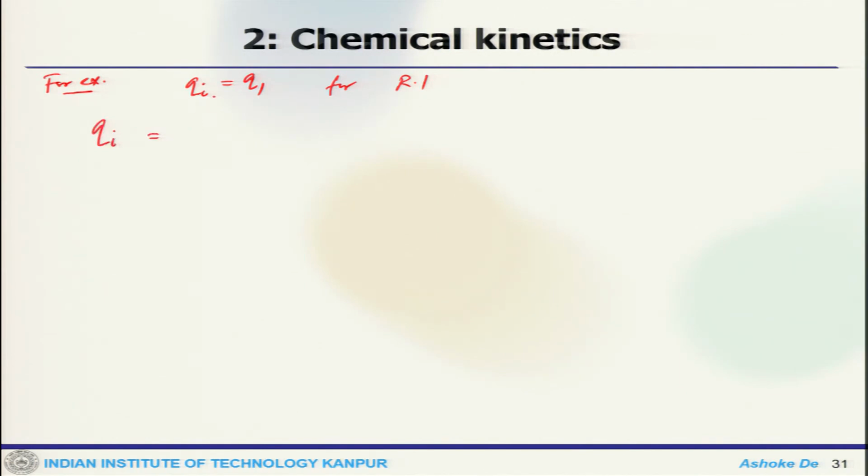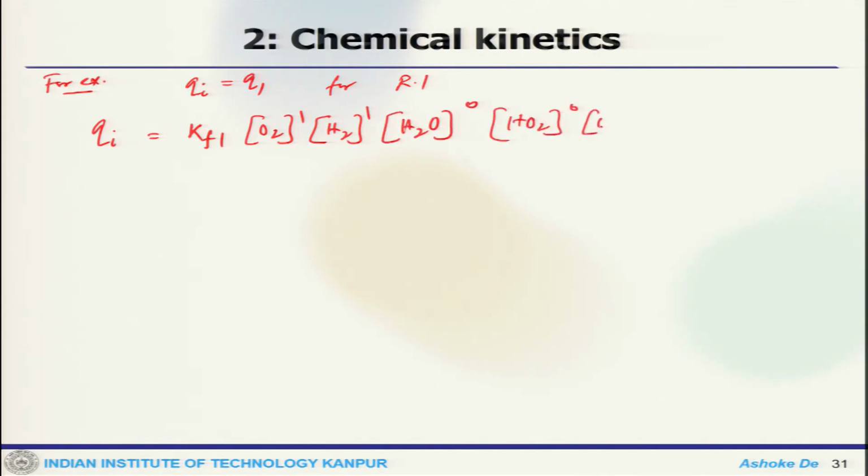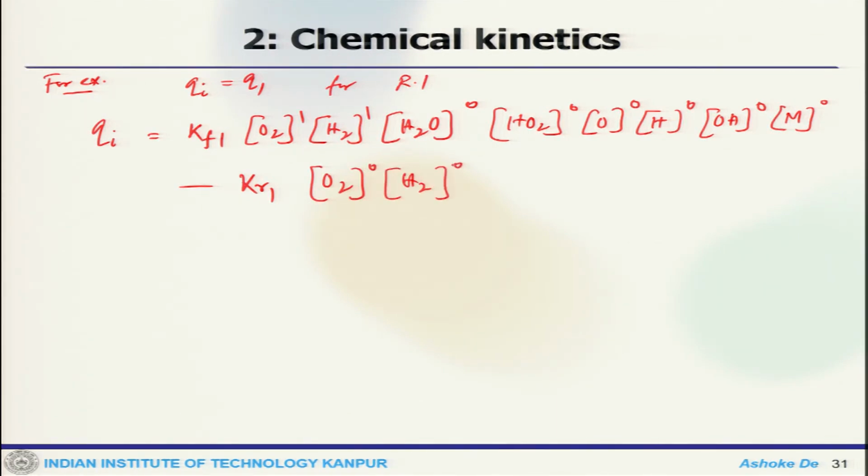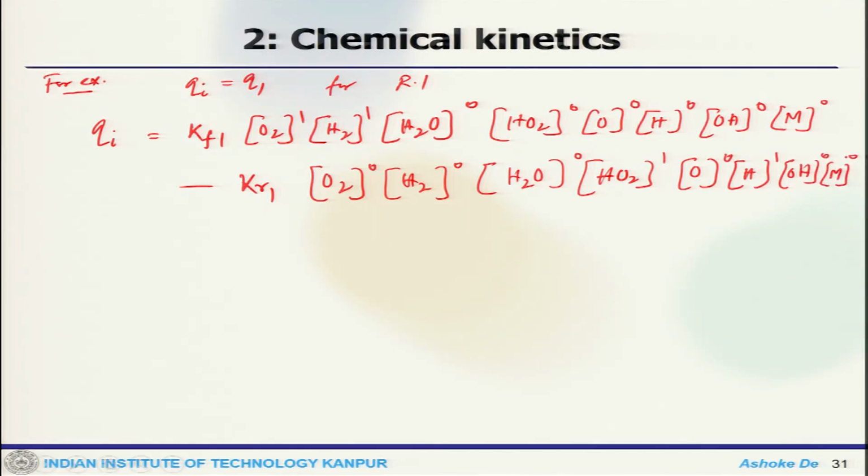Then q 1 is k f 1 times O2 to the power 1, H2 to the power 1, H2O to the power 0, HO2 to the power 0, O to the power 0, H to the power 0, OH to the power 0, M to the power 0, minus k r 1 times O2 to the power 0, H2 to the power 0, H2O to the power 0, HO2 to the power 1, O to the power 0, H to the power 1, OH to the power 0 and M to the power 0.